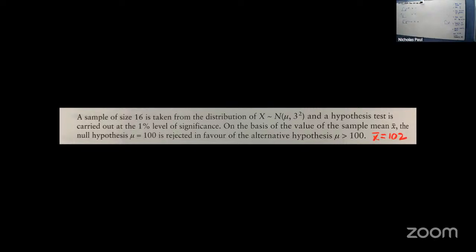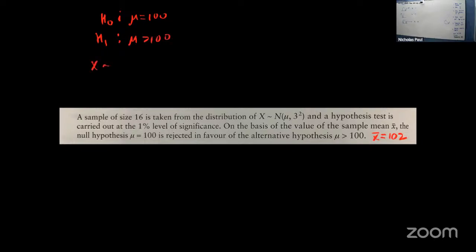Right, then you specify what action this example is. So we can start with the null. They told us what the null is. The null is mu is equal to 100.